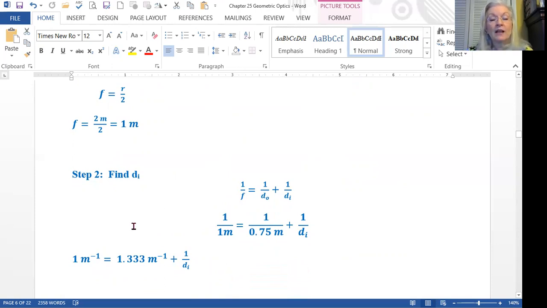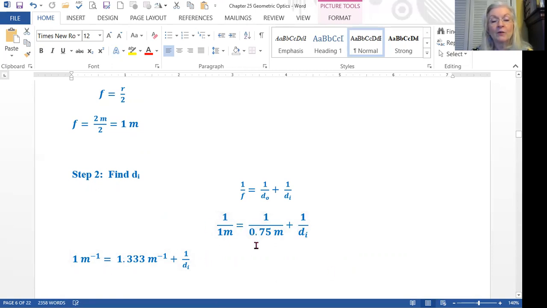So 1 divided by the 1 meter equals 1 over 0.75 meters plus 1 over DI. 1 over 1 is just 1, and the units would be meters to the minus 1. It is okay to leave that out because if we start out with meters for our distances, we're going to end up with meters. After the first step where you plug in the units, we don't need the units again until the answer. So 1 divided by 1 gives us 1.